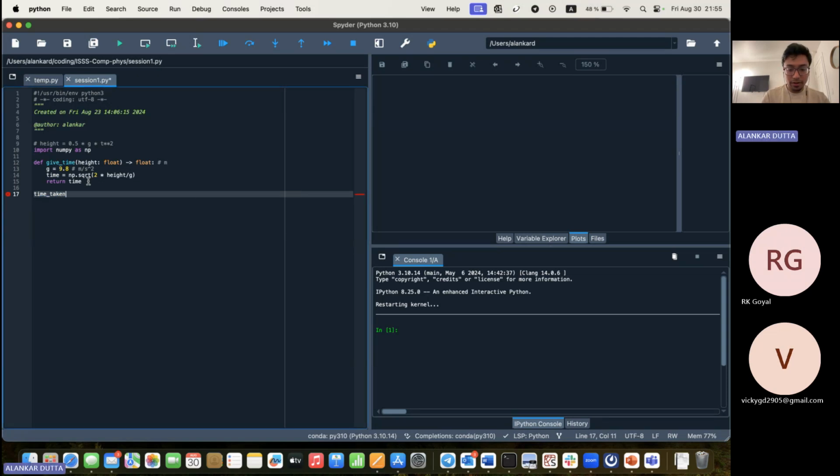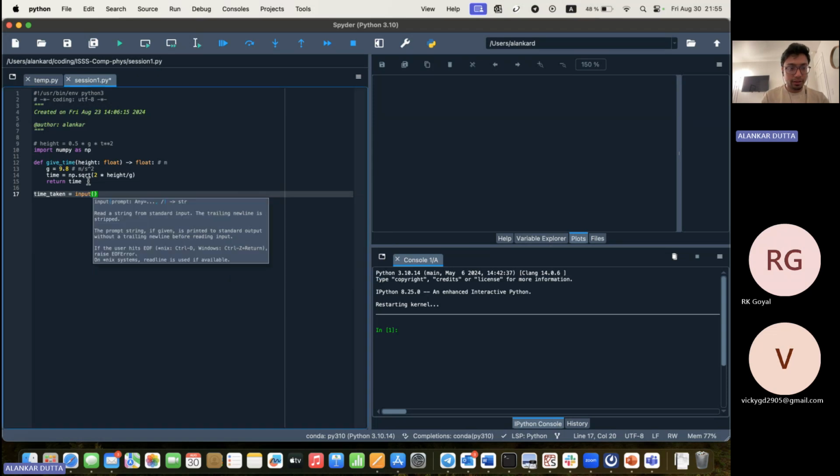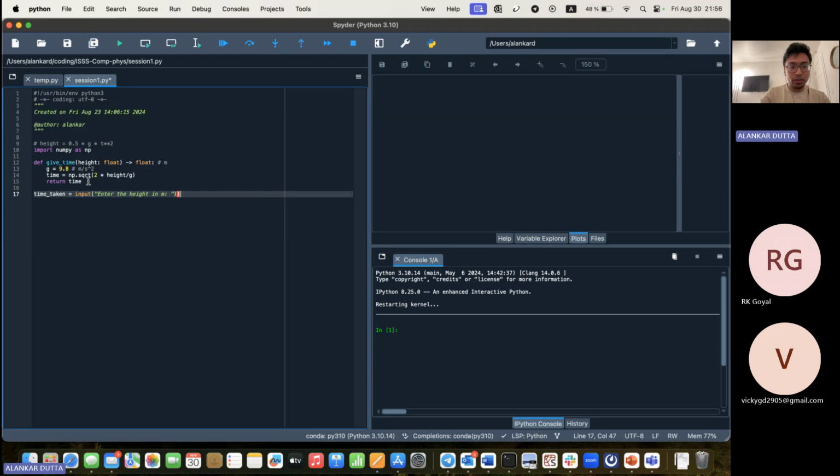Time taken equals, now I'm going to use something called input, and then I'm going to give the prompt in here. So the prompt will be "enter the height in meters". This is going to take an input from the user, but whatever you give comes in string, so this needs to be converted to float.